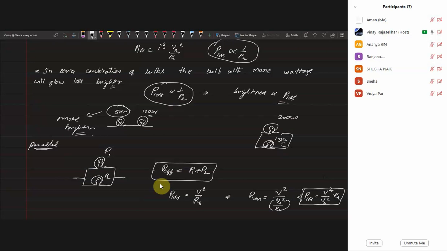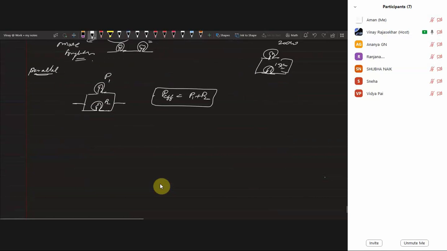Shall I explain it again? See, in parallel combination, voltage is the same. So you can write the power loss formula as V square by R, the resistance of the bulb.